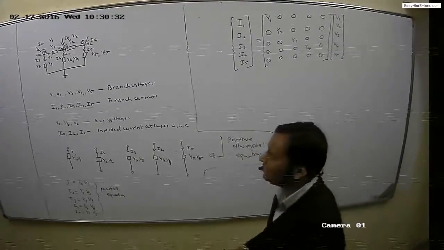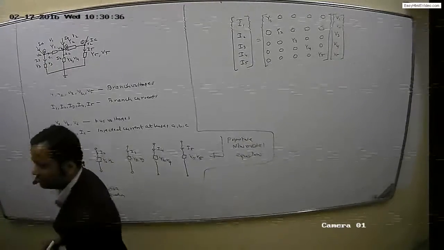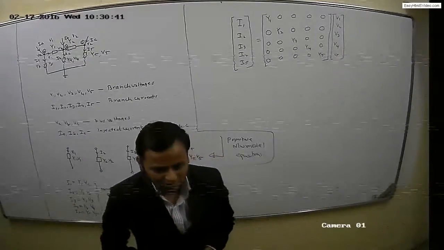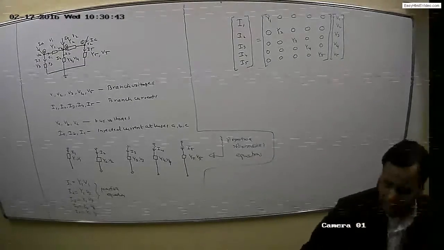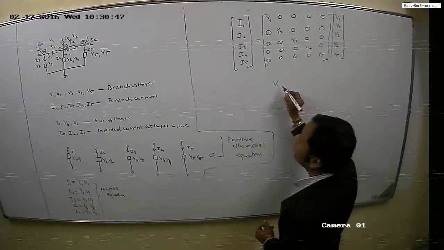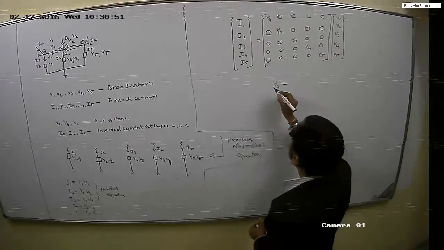Now the second thing is, can I write the branch voltages in terms of node voltages? So the answer is yes. I can write the branch voltages, that is V1, in terms of the node voltages by Kirchhoff's voltage law.